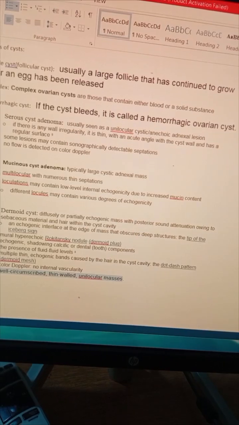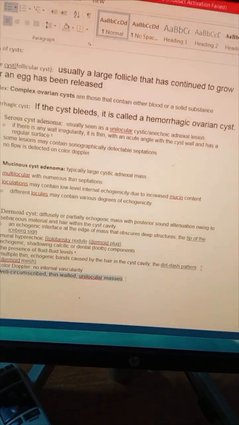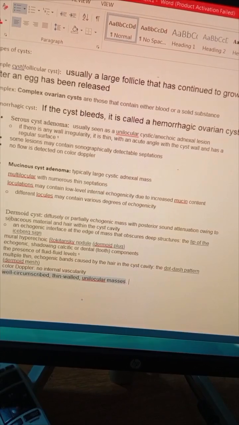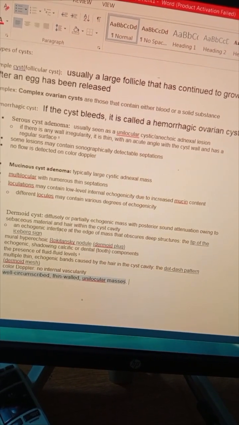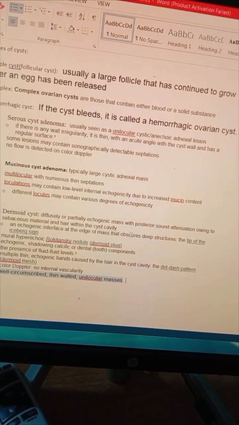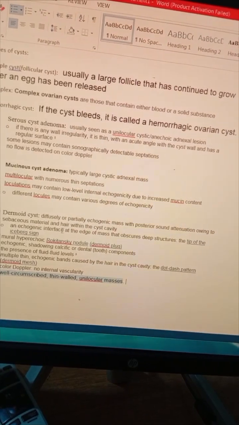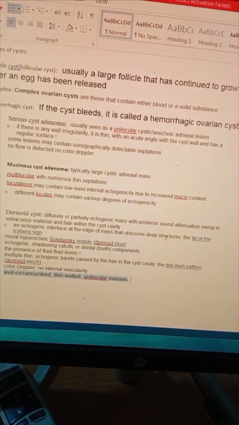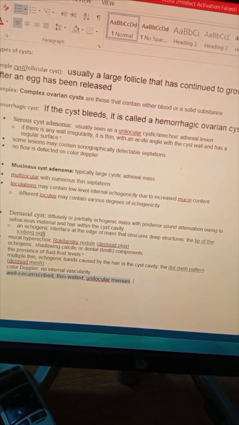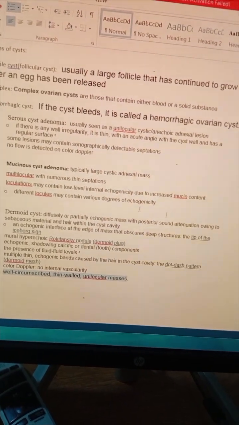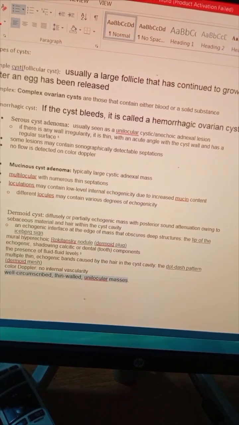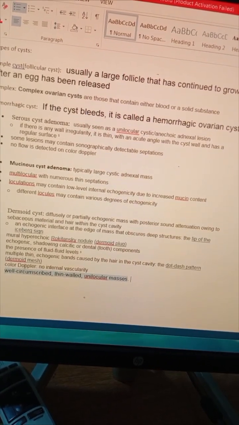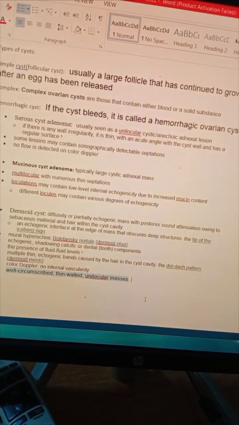Either the whole ovarian mass is echogenic or partially echogenic, with an echogenic interface at the edge of the mass that obscures deep structures. This is the tip of the iceberg sign. Dermoid cysts show different signs: tip of iceberg sign, dermoid plug, dot-dash pattern, also called dermoid mesh.